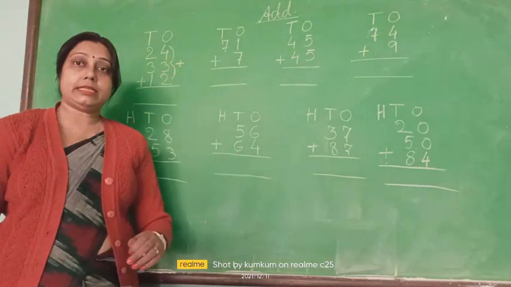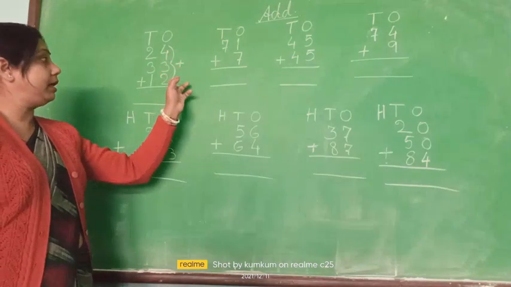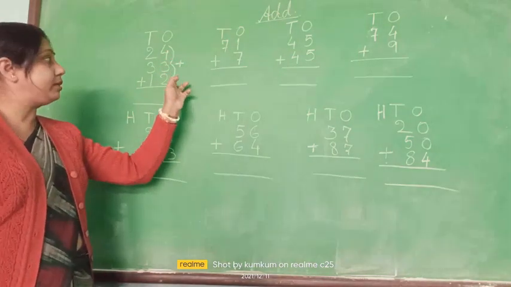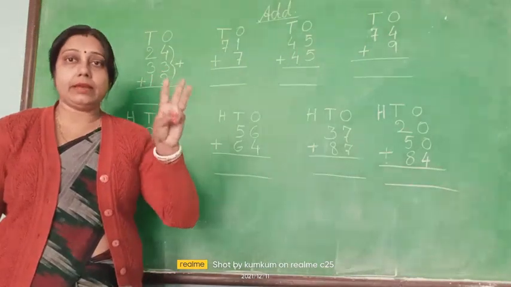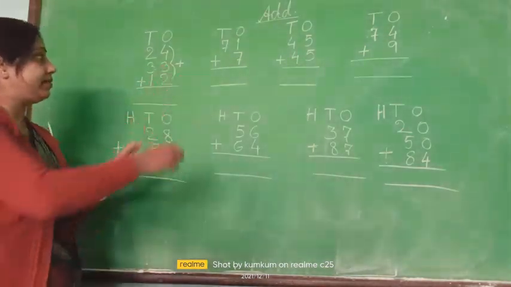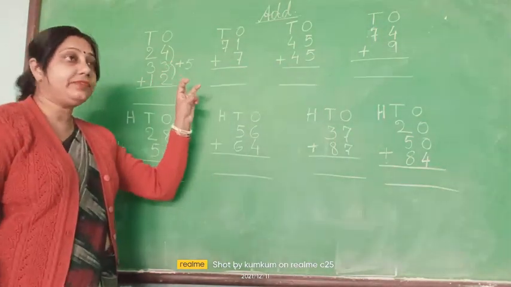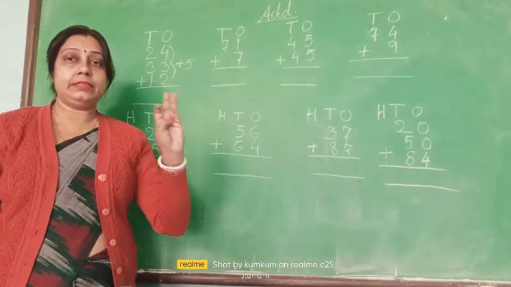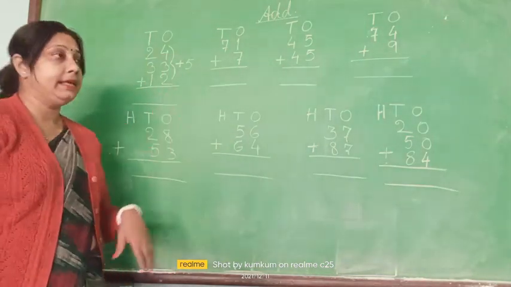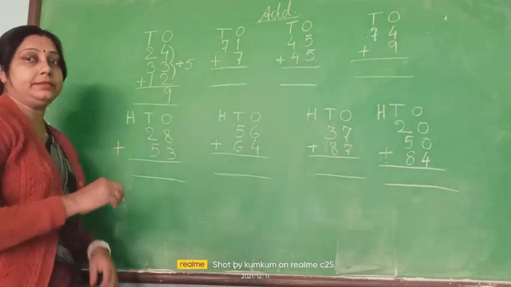So any way it is easier, you can do it. Now we are going from down. So after 2 we are going to count 3. 3, 4 and 5. After 5 we will count more 4. 6, 7, 8 and 9. That means here I am going to write 9.